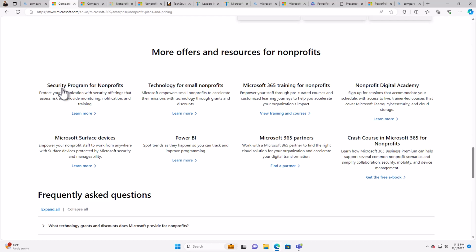There are also training crash courses that you can leverage on here. If you want to learn more about how to use the non-profit offering, you can just register for this and you get an ebook for your organization, provided you are eligible.